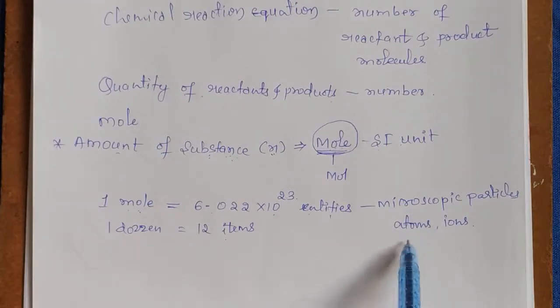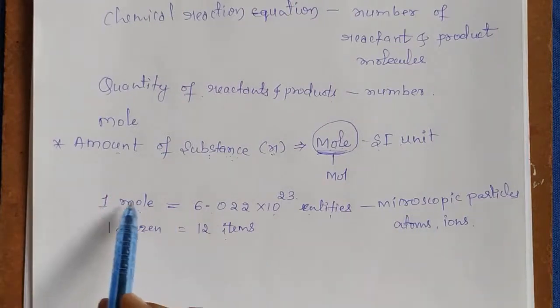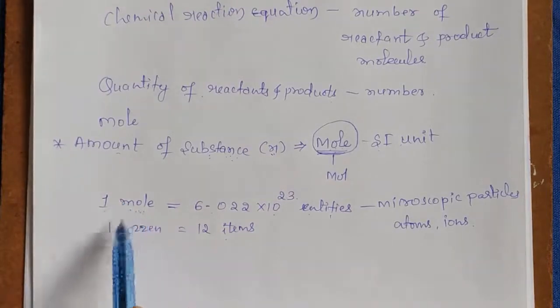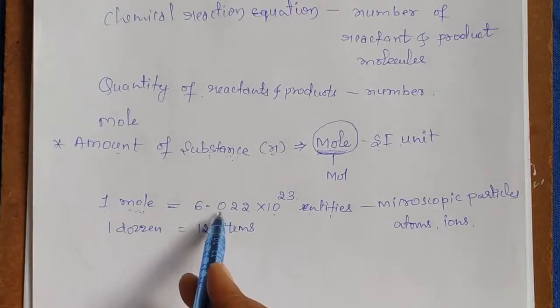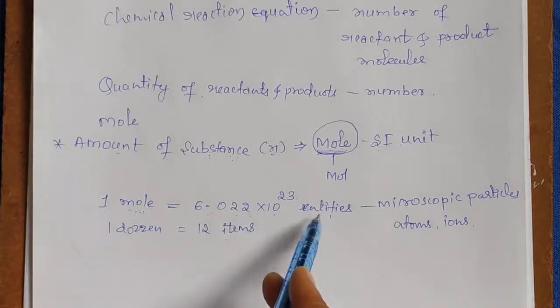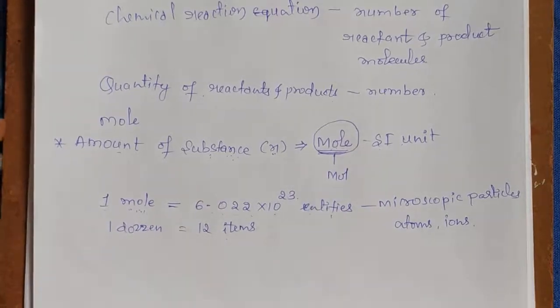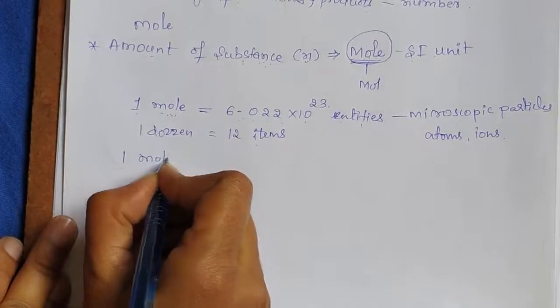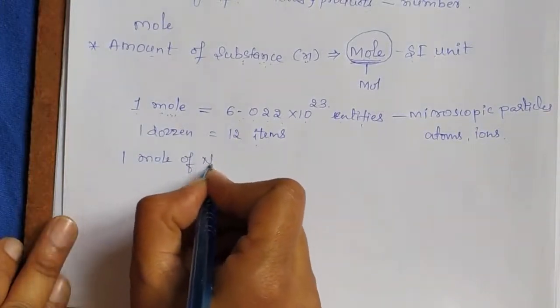We are using this mole. 1 mole of any substance has 6.022 into 10 raised to 23 entities or atoms. For example, 1 mole of sodium chloride.